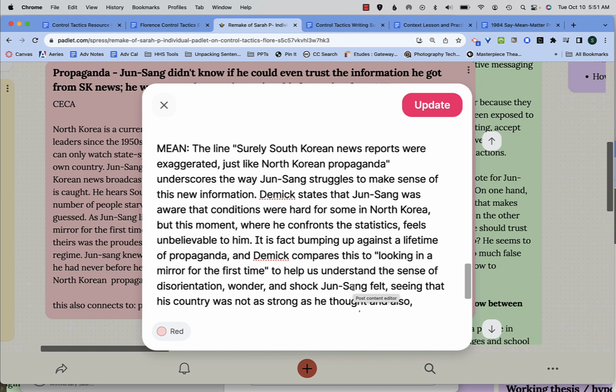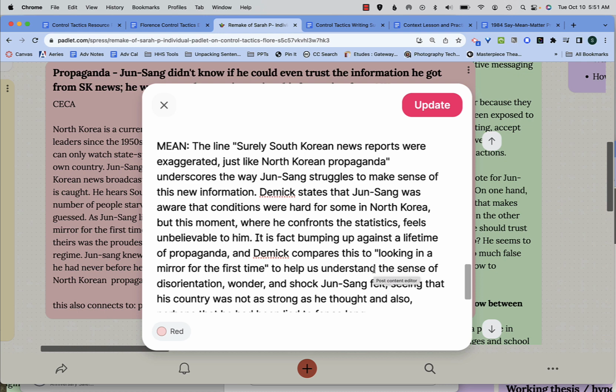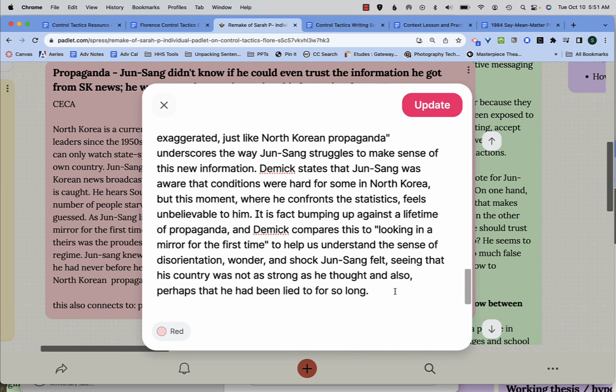It is, in fact, bumping up against a lifetime of propaganda, and Demick compares this to, quote, "looking in a mirror for the first time" to help us understand the sense of disorientation, wonder, and shock Junsong felt, seeing that his country was not as strong as he thought, and also, perhaps, that he had been lied to for so long.